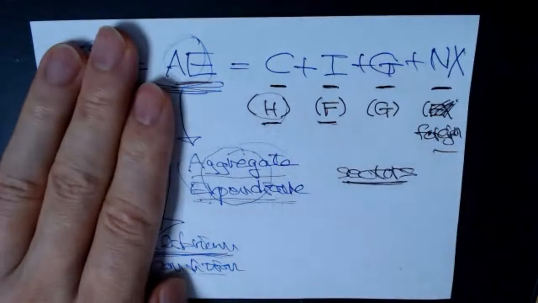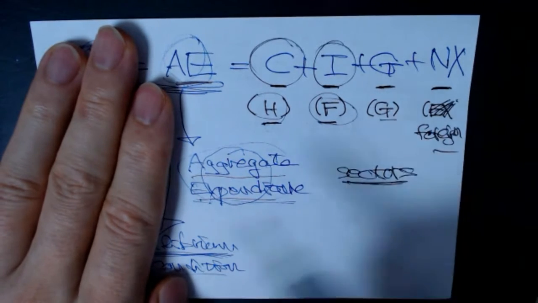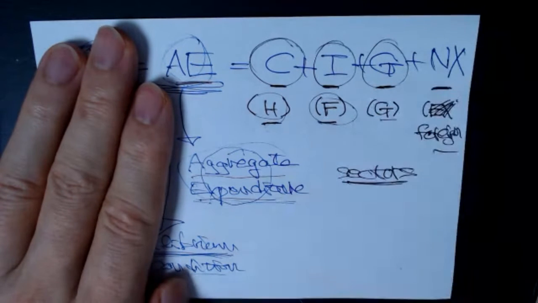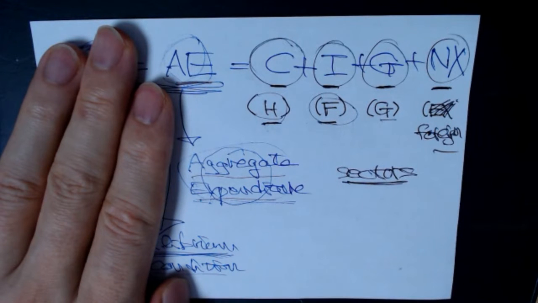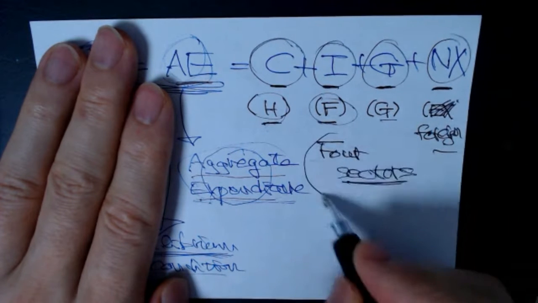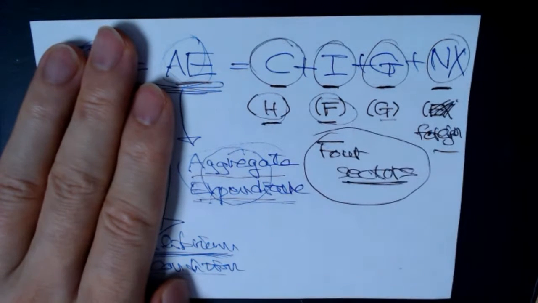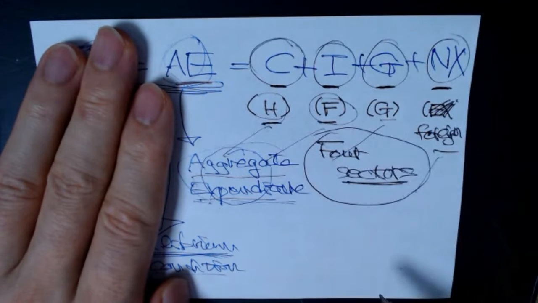Households make purchases, and we call them C. Firms also make purchases. We call them I. Government does the same thing. We call them G. Foreigners do the same thing. We call them NX. So this is how the 4 sectors in the economy are composed: household, firms, government, foreign.